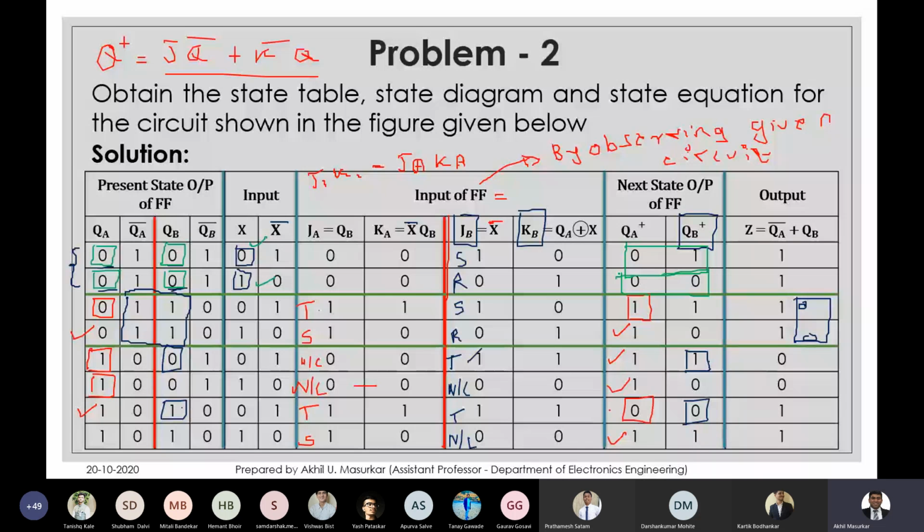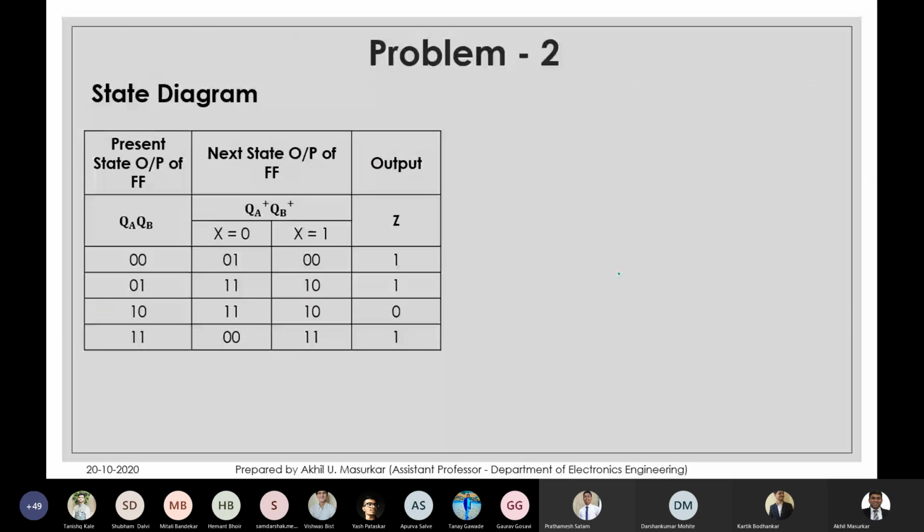So first is 0 1 when X is equal to 0, and the next state is going to be 0 0 when X is equal to 1. So this is what we saw. If the present state is 0 0, when X is equal to 0, the next state will be 0 1, and when X equal to 1, the next state will be 0 0. And this same thing you can just backtrack for your own sake.